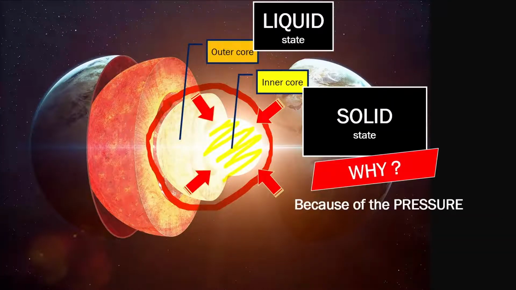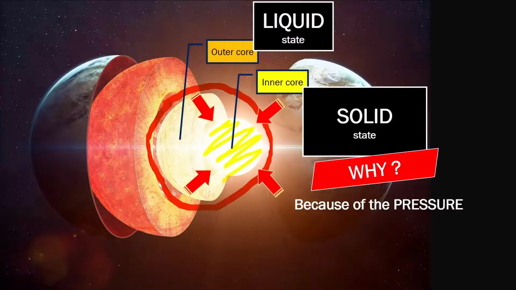And then the question is why? Why the outer core is liquid and why the inner core is in solid form? Why? Because of the pressure. Okay. So can you imagine that you are holding a can of drink, and then you try to put pressure, you grab the can, and you try to put pressure until it becomes crushed.